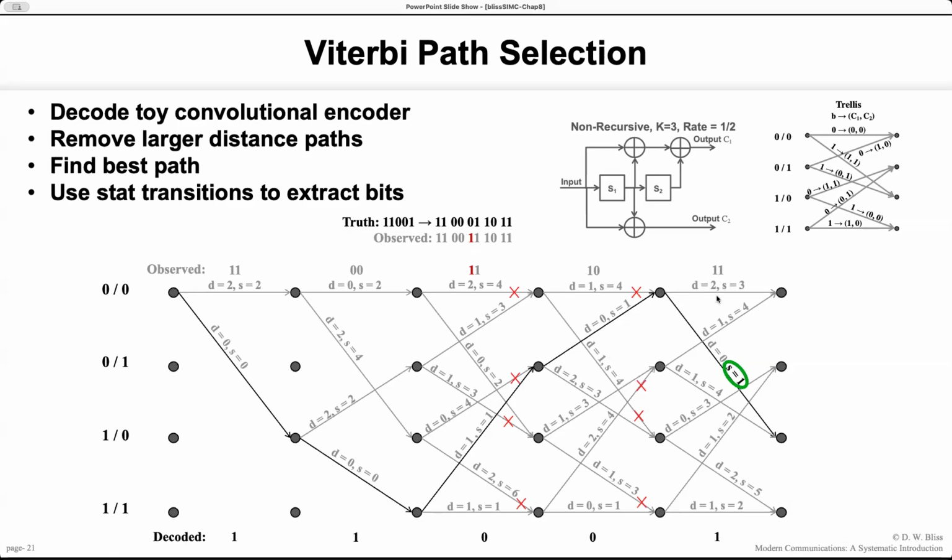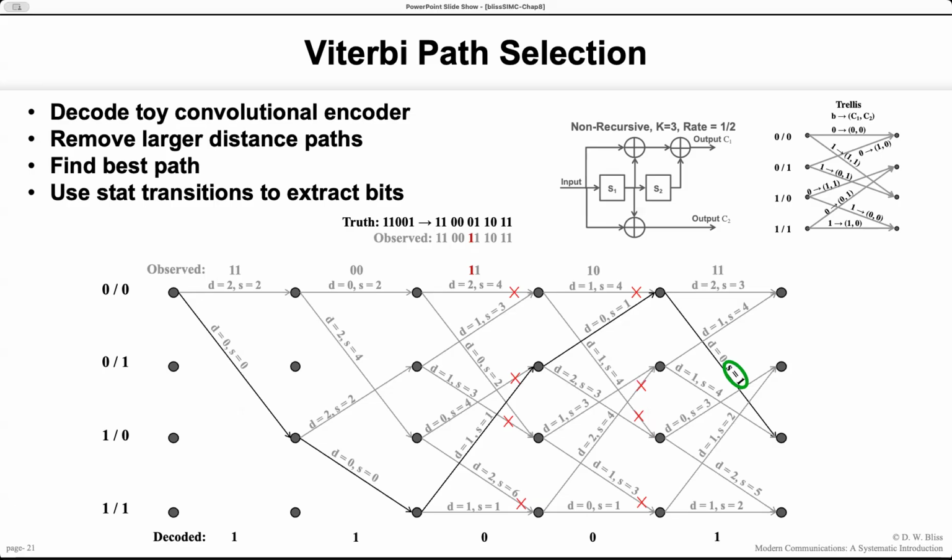Each step along the way, there are as many as 8 different ways to get into each one of these 4 possible states, or 8 total getting into these 4 states. By taking a look at what's going on here and finding the lowest sum, we were able to find the path that corrects for the output bit error. And because there's a 1-to-1 correspondence between the state transition and the input bit, we were able to write down the input bits.